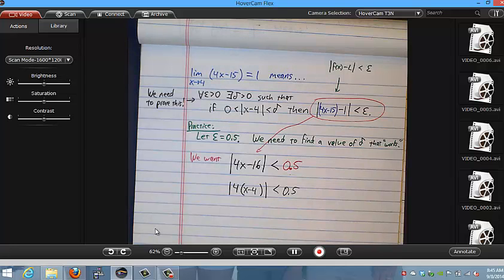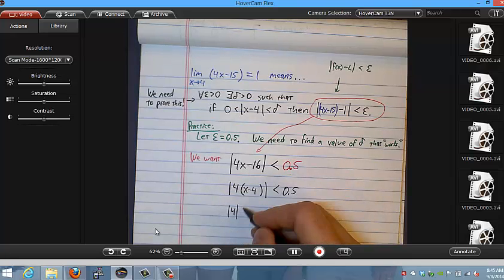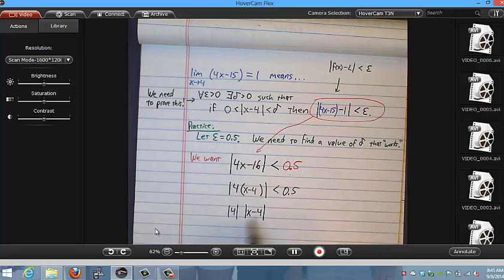Hey, and I have a question for you. Isn't this equivalent? Absolute value of 4 times the absolute value of x minus 4. Wouldn't that be the same as the absolute value of 4 times x minus 4? Because if you think about it, all that absolute value does is make sure that the signs are what?